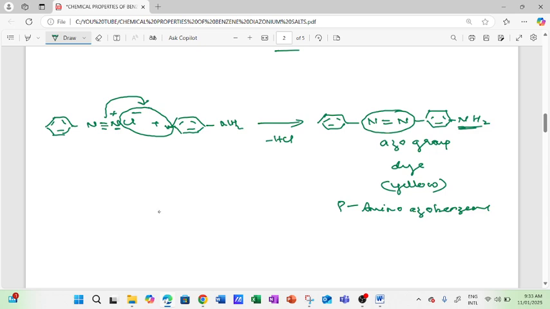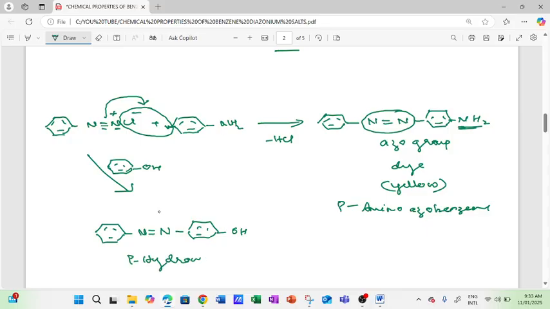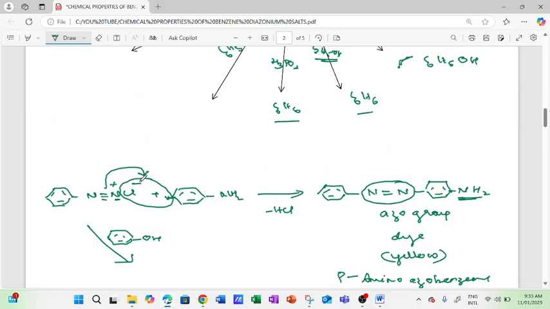In the same way, when you take this same diazonium salt and add phenol instead of aniline, the same kind of reaction takes place. The only difference in the product is that after N double bond N, benzene, and then the para position is replaced by OH, which is called para hydroxyazobenzene. The pattern of reaction is the same. This is also a dye, and it is orange in color. These two reactions are called coupling reactions.